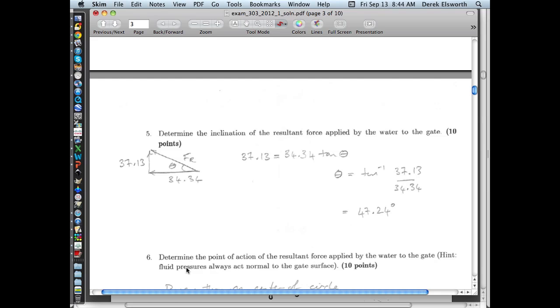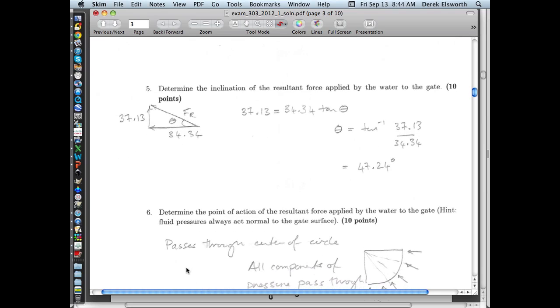We calculate the inclination of that force just by taking FV and FH as a resultant, and you can get this inclination.